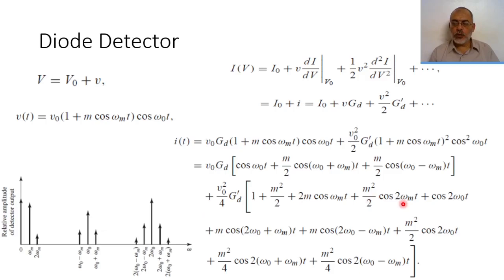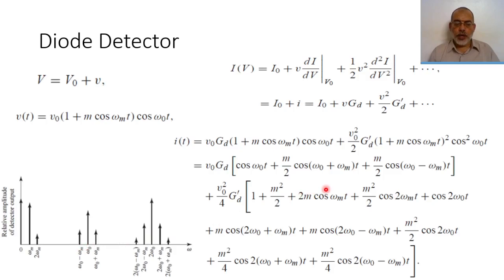We have a component proportional to the second harmonic of the modulation frequency, which is 2 omega_m. We have a component proportional to the carrier frequency omega naught. We have a component proportional to the carrier frequency plus the modulation frequency, omega naught plus omega_m. We have a component proportional to the carrier frequency minus the modulation frequency, omega naught minus omega_m.